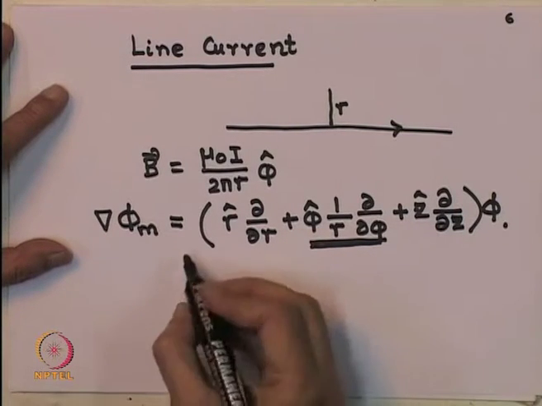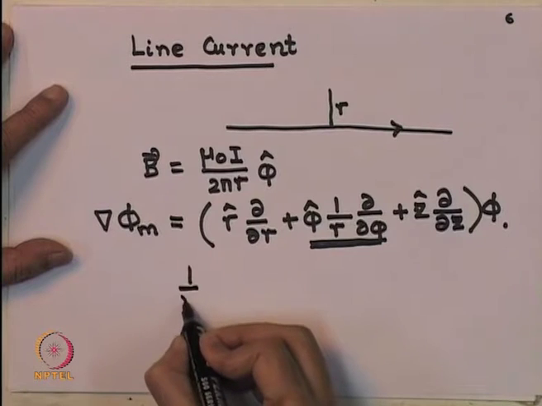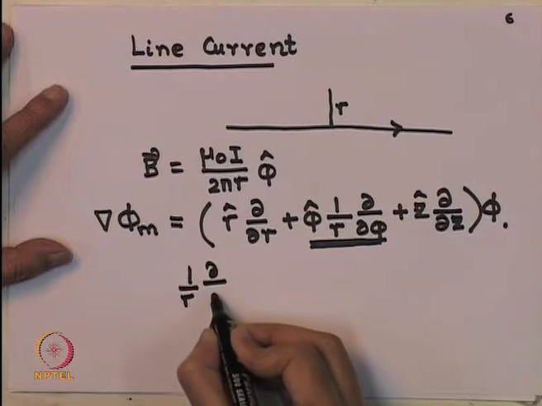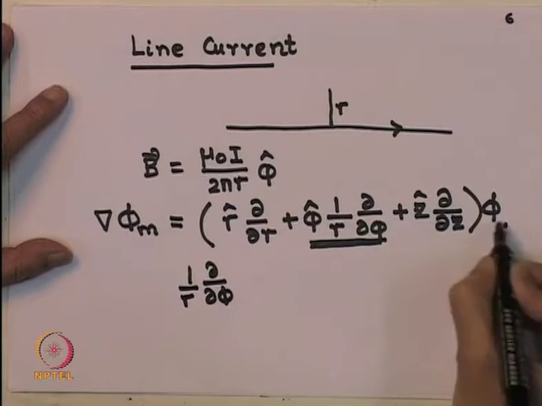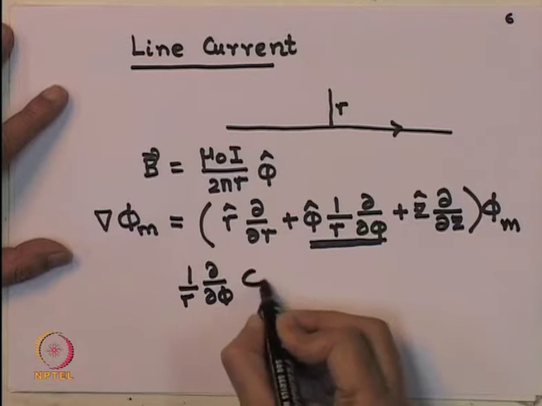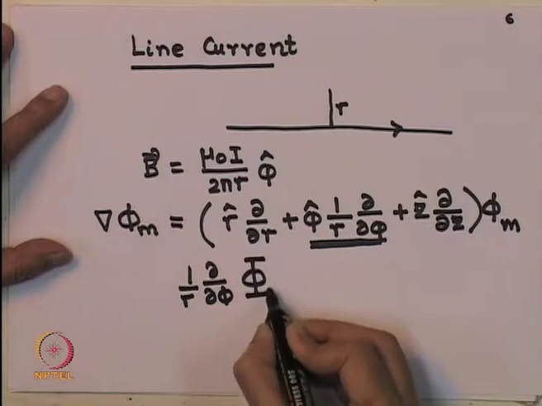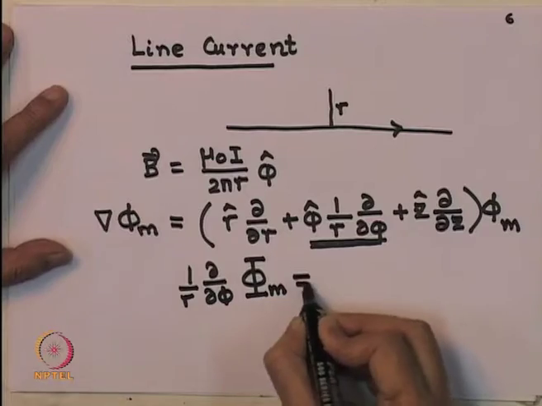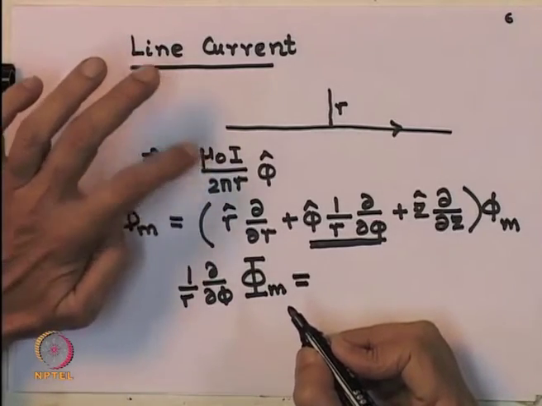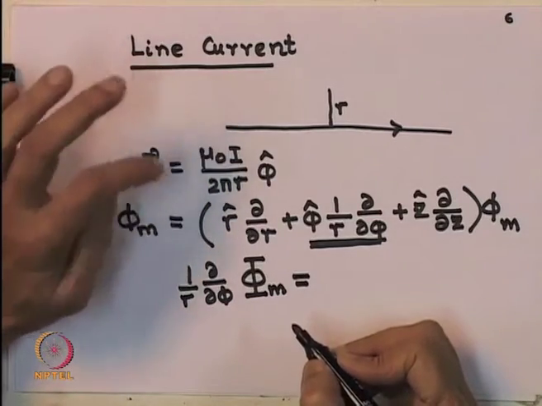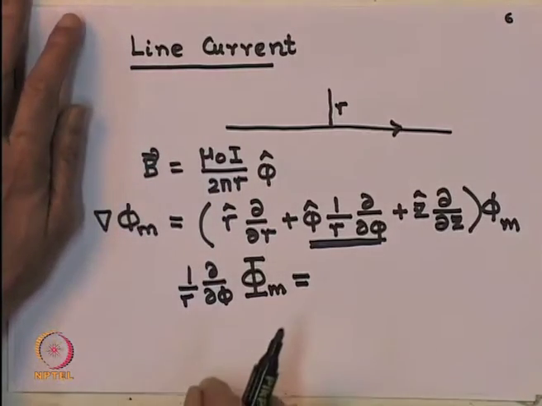So, as a result, what I have is 1 over r d by d phi of phi m, that is equal to, if you compare with this expression, remember in my definition I had a minus sign.